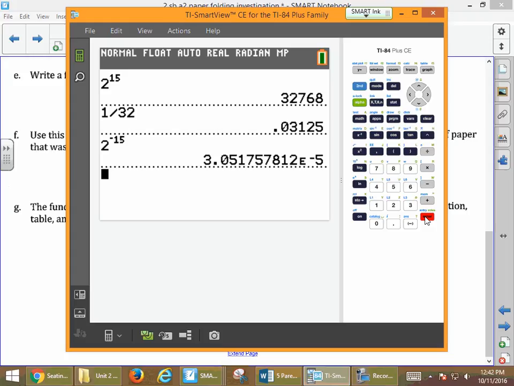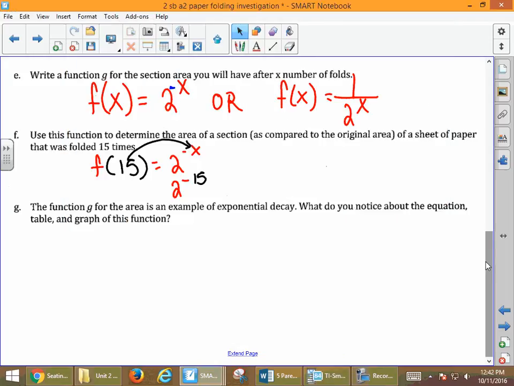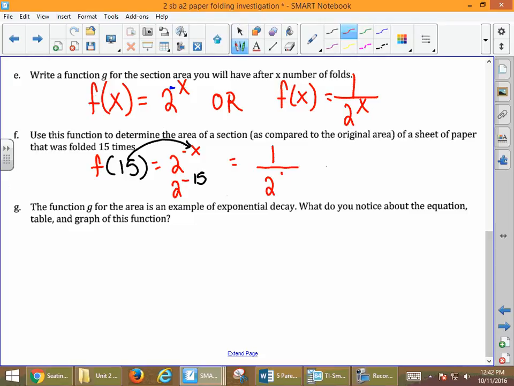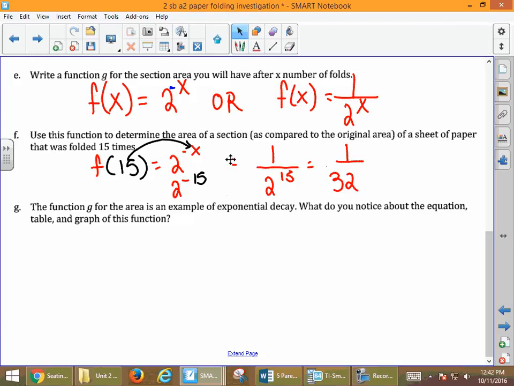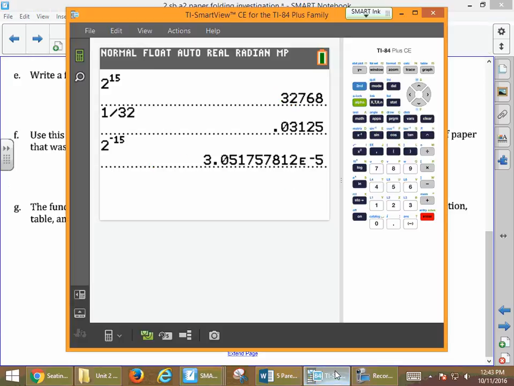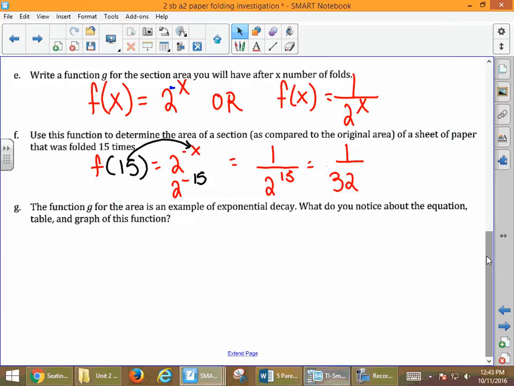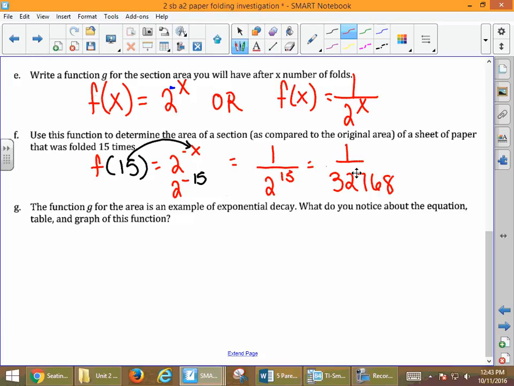But if we use our other formula there, where this is going to be 1 divided by 2 to the 15th, because we flipped and changed the sign on our exponent, then maybe what's a little bit better is the fact that 2 to the 15th was 32,768, which we found earlier. That's going to be the area of it.